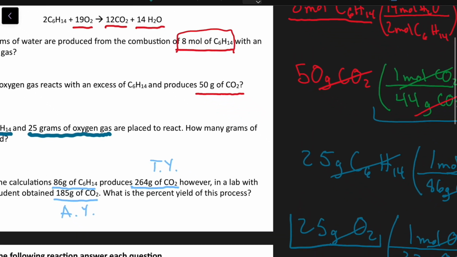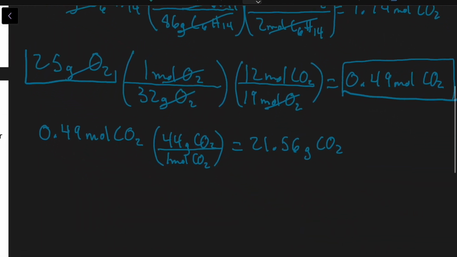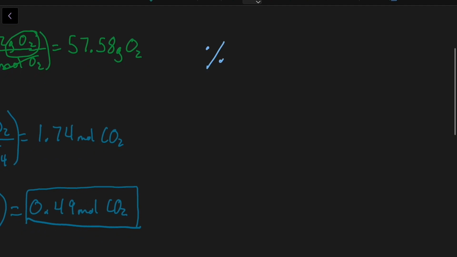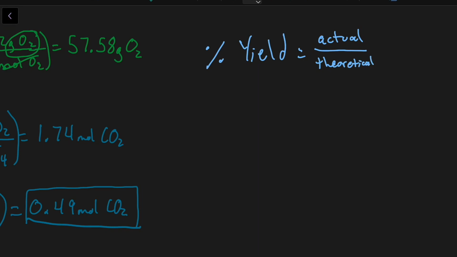So let's calculate the percent yield. To calculate the percent yield, let me use this part here. So the percent yield can be calculated with the actual yield over the theoretical yield times 100, right? So the percent yield for this is calculated like this.